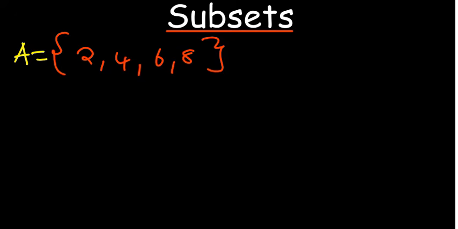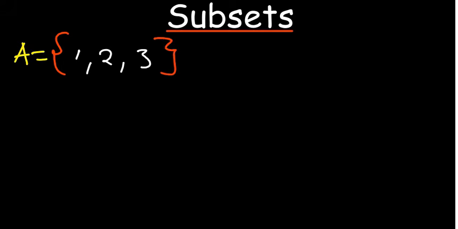Okay, so how do you get to find the number of subsets of a given set? I'll use a very simple example, using the number of elements. Let's say we had 1, 2, and 3 as the elements of this set. So what are the possible subsets of that set? An empty set is a subset.